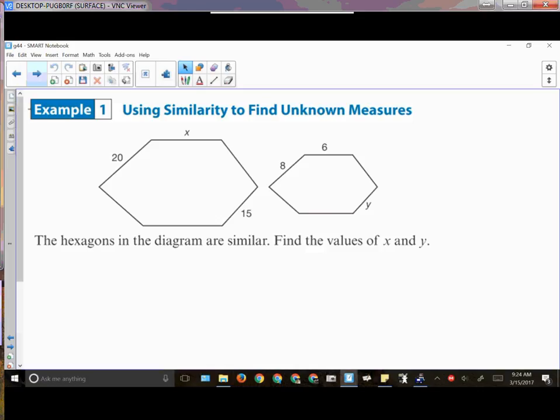I said, are these figures the same size for everybody in the room? Well, is the one that's smaller smaller for everybody? Is the one that's bigger bigger for everybody? But are they exactly the same size for everybody?